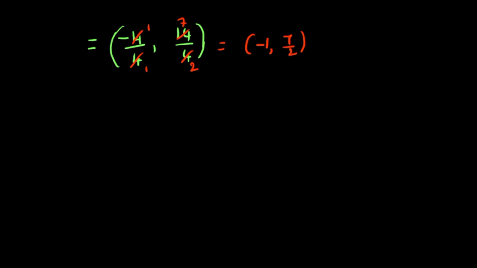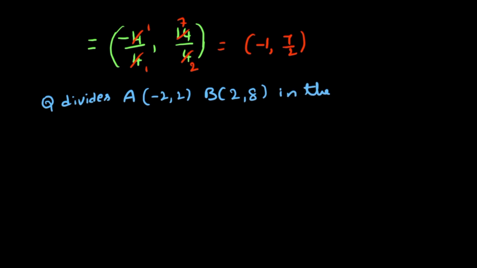Now we are going to find Q. Q divides A(-2, 2) and B(2, 8) in the ratio 1:1.